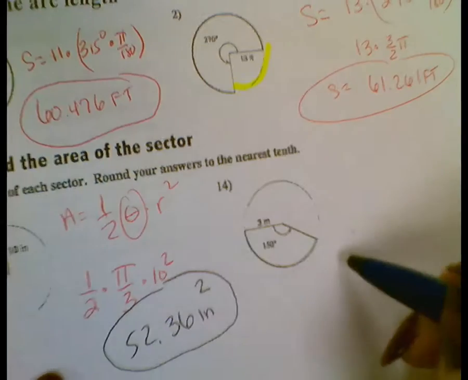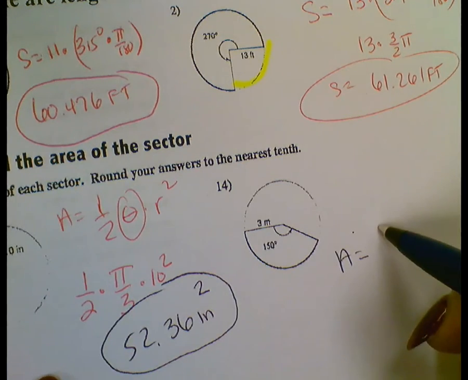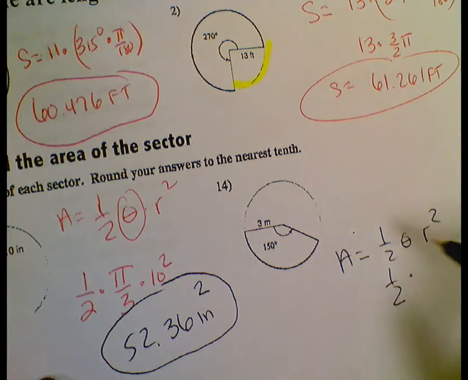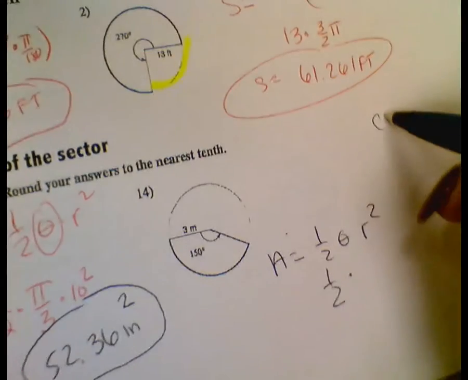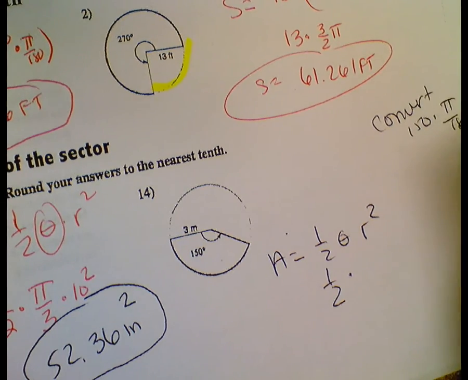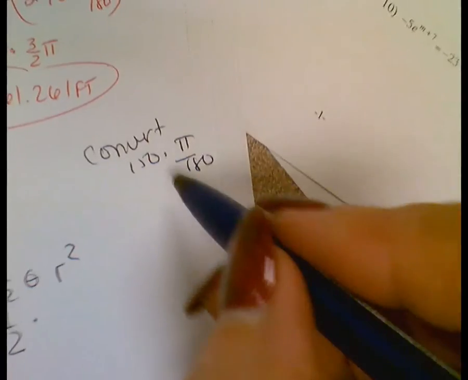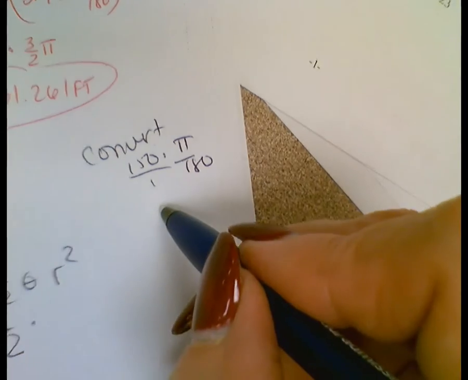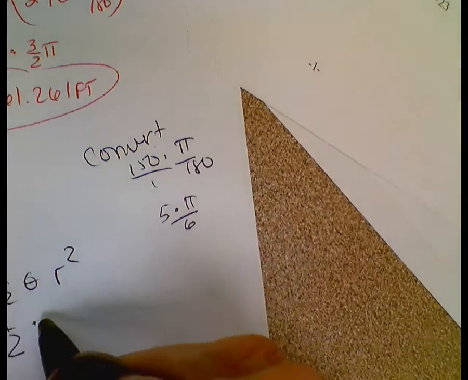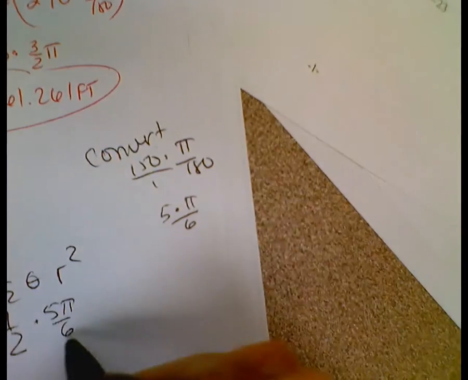And our last one, area, is just fantastic. 1/2 theta r squared. So it's 1/2. This says 150. Let's do conversion all to the side. Convert 150 to radians. 30 goes into this one 5 times. 30 goes into this one 6 times. So my theta is 5 pi over 6.